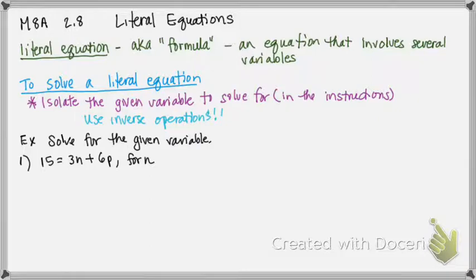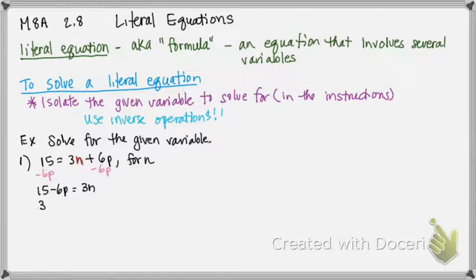I'm going to highlight that variable. They want n to be by itself. So we're going to get rid of the 6p. The opposite of adding is subtracting, which gives me 15 minus 6p equals 3n.